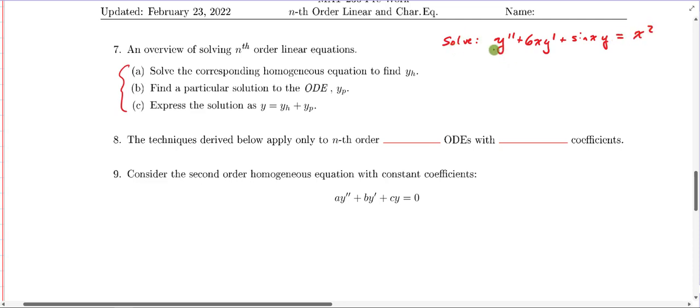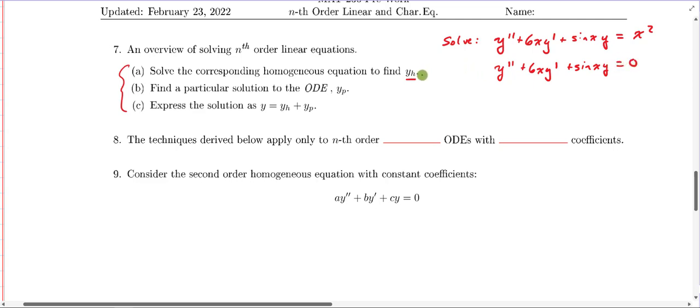If you were to solve this second order linear ODE, the first thing you would do is solve the corresponding homogeneous equation. So you'd solve y double prime plus 6xy prime plus sine of x y equals 0.